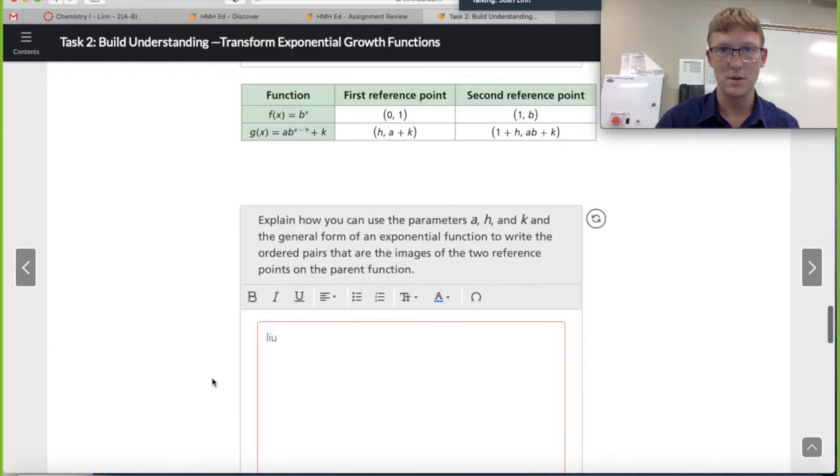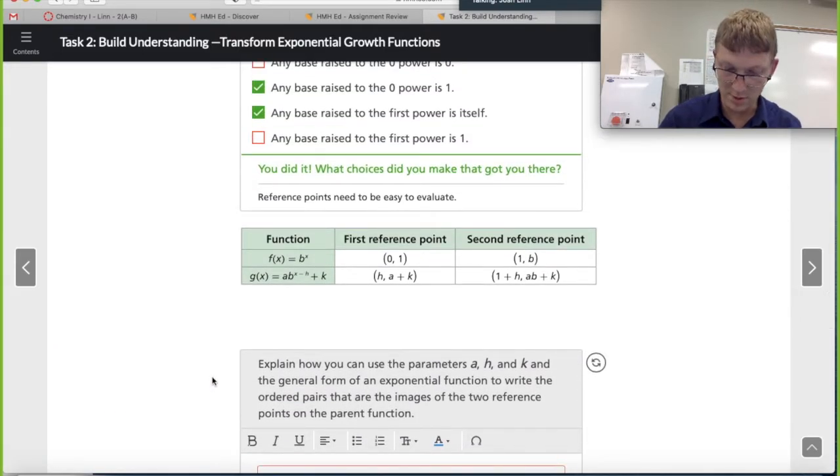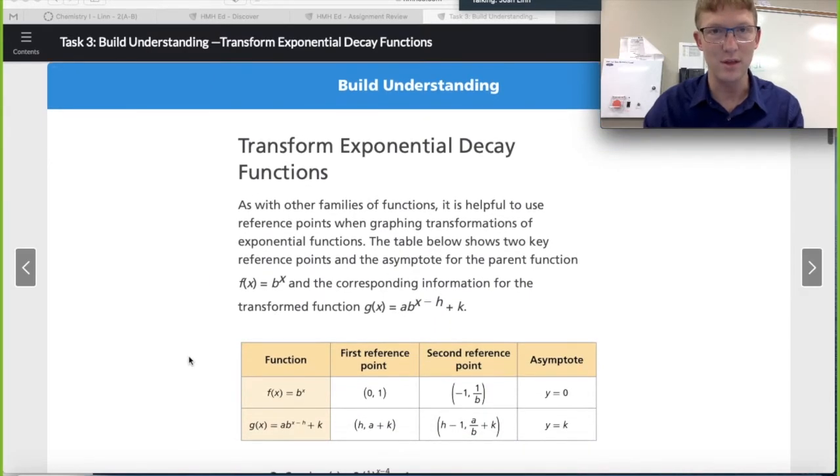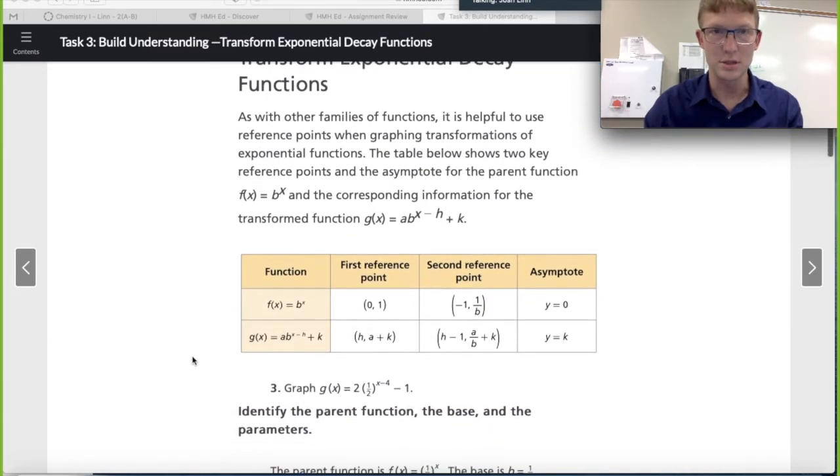So let's start using these parameters A, B, H, and K. Just like we've done in the past, it is helpful to use specific reference points when graphing these functions. So, oh good, my pencil is working.